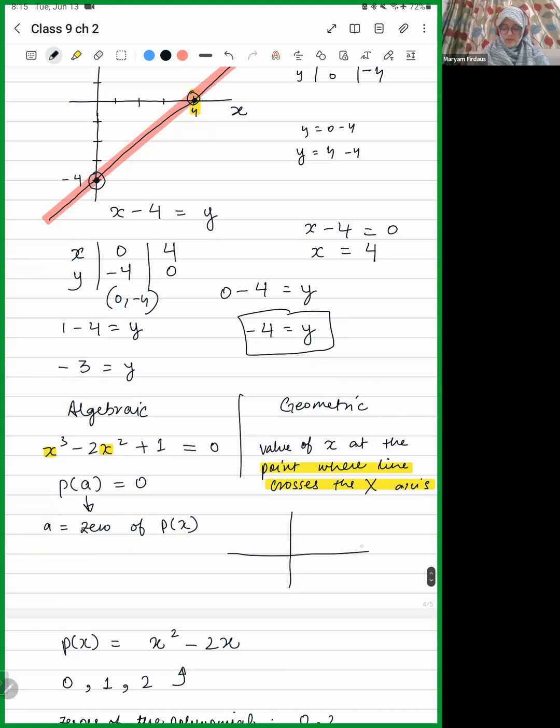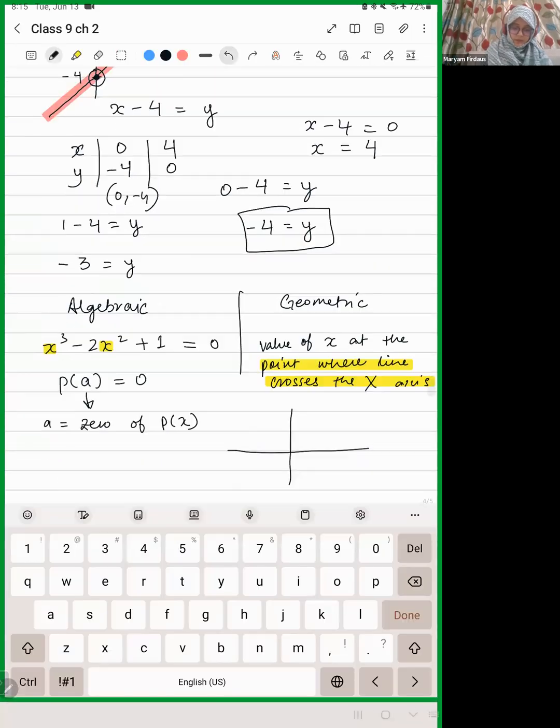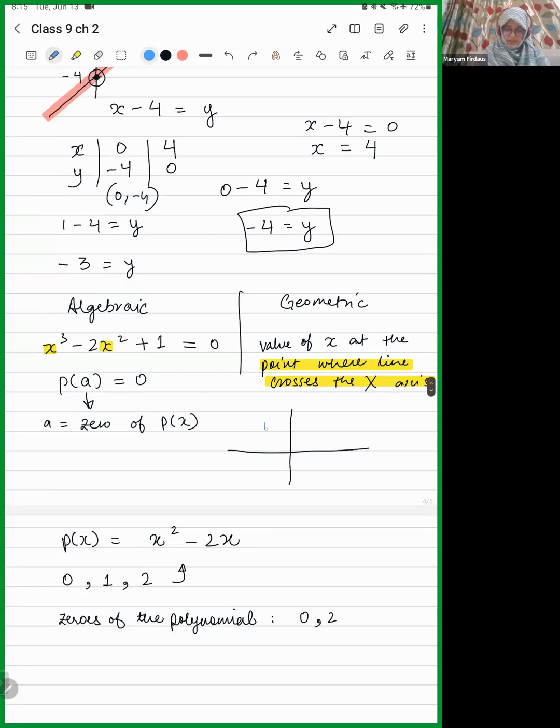No. Whether the line is vertical, or whether it is like this, or anything like this, it is only crossing the x-axis once, right?